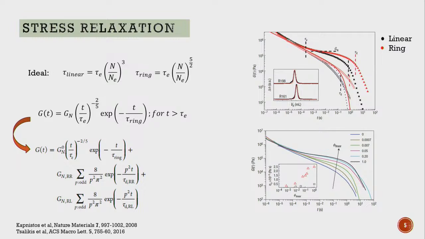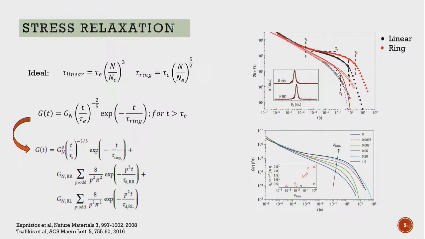The complexity of ring polymers starts with the fact that the stress relaxation of ring polymers is much slower than predicted from the reptation or different kinds of lattice animal models. Ideally, one expects the stress relaxation to be an exponential decay, which is shown here.